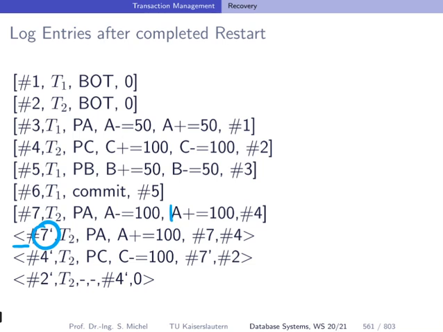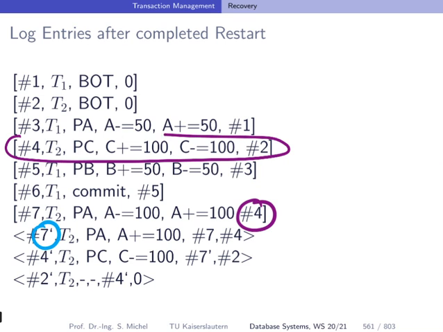Okay, this was 7. And of course now we see that we're not done yet. We have to continue, because here we see that the previous log sequence number of transaction 2 is this one here, the log sequence number 4 corresponding to this entry.